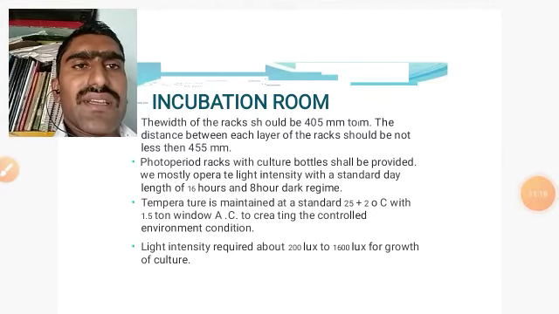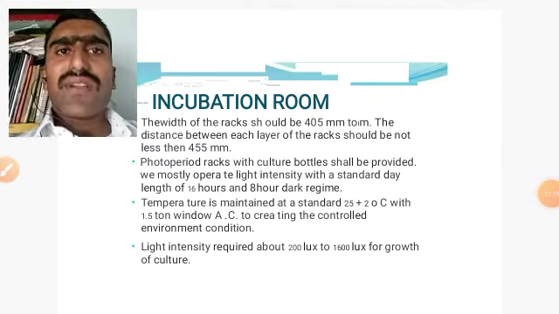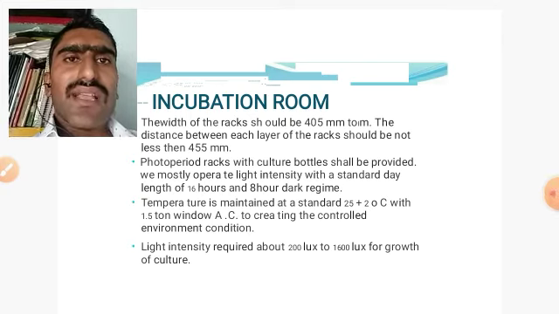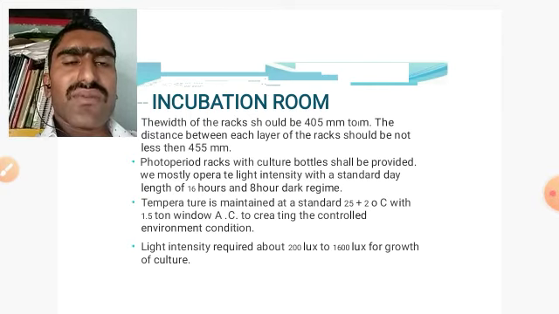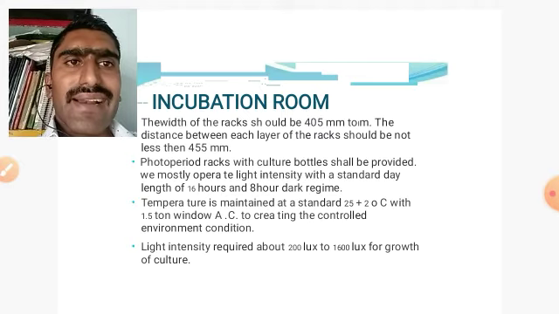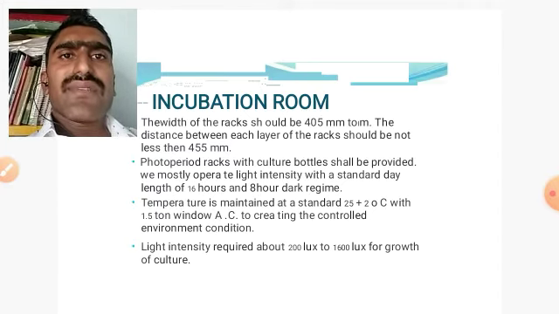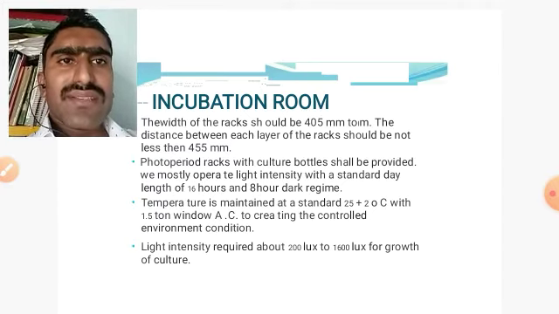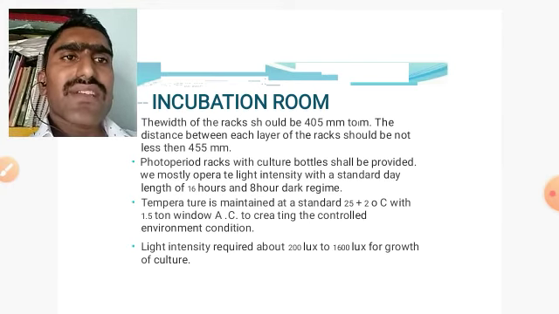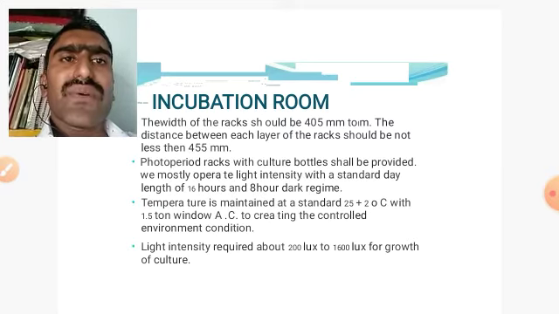Let's see, an incubation room should be there while we are going to construct the plant tissue culture lab. What we need in an incubation room: we must have an AC installed, and racks to keep the culture bottles on, and those racks should be properly connected with lamps or tube lights. The distance between two racks should be between 405 to 455 mm.